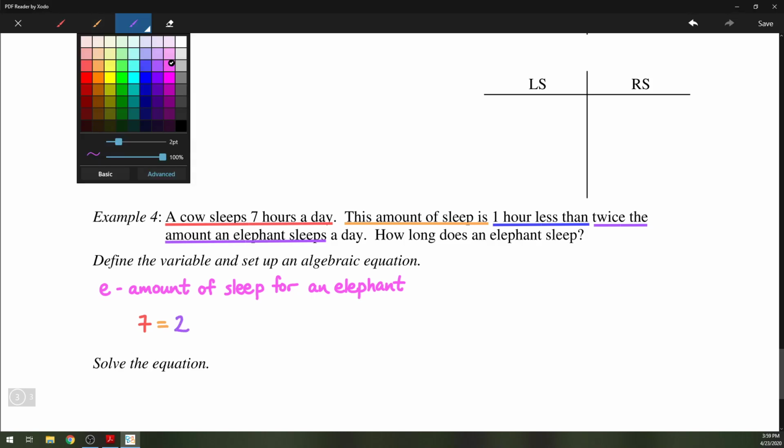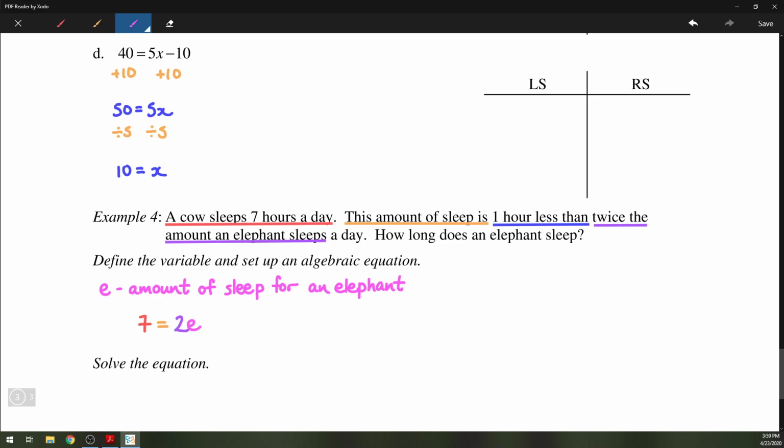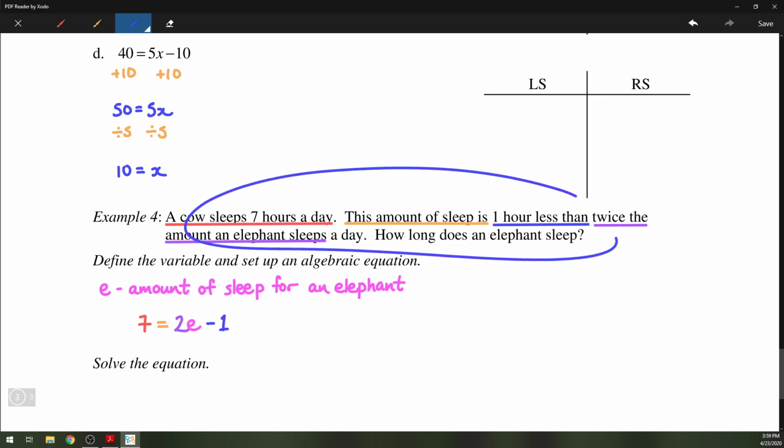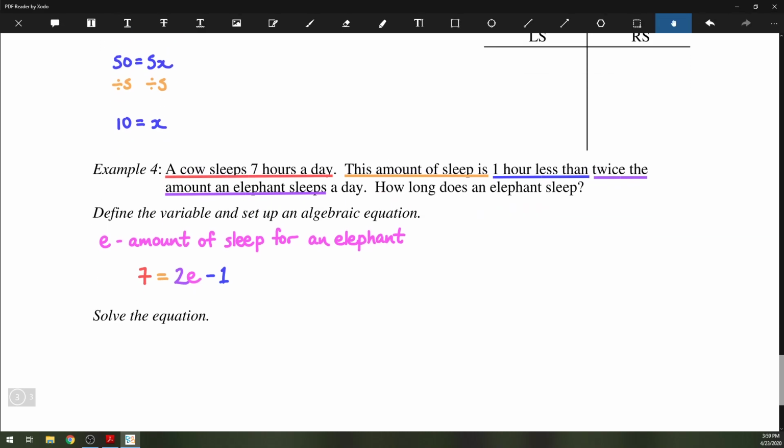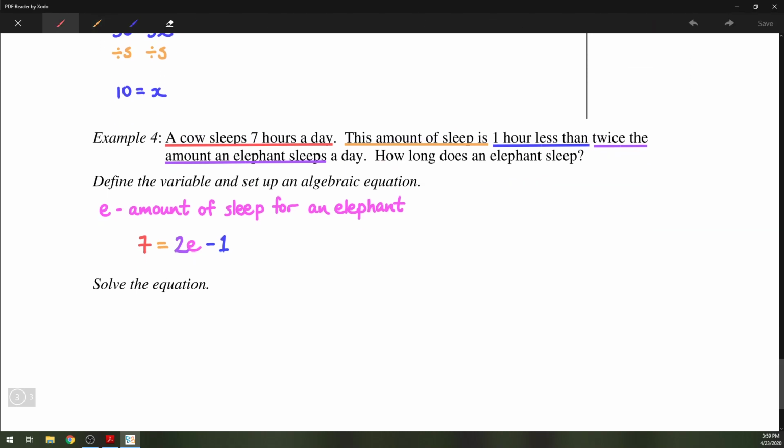We established that the amount an elephant sleeps is E, and then of course it's 1 hour less than that, so we have subtract 1. So we have made an algebraic equation that matches the statements that were given. So we can now go ahead and solve this equation for E, the amount of sleep for an elephant.